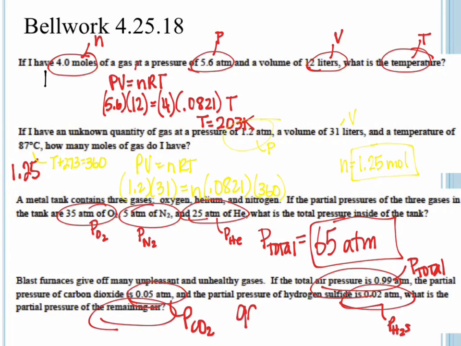So we have 0.99 is equal to 0.02 plus 0.05 plus x, and x is 0.92. And the unit is atm. Questions on that one?